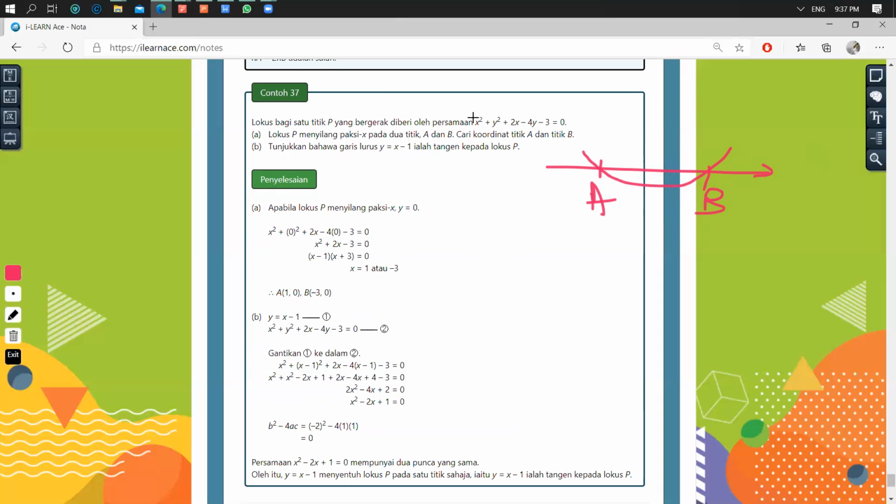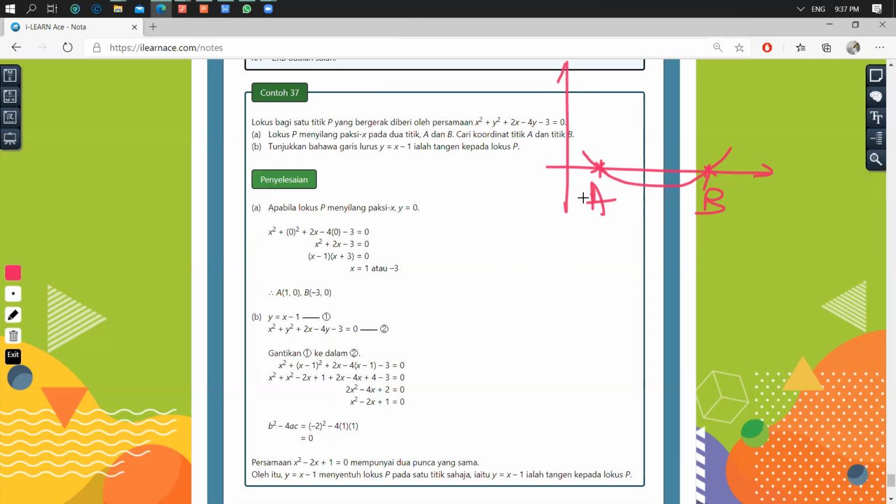So you need to know that whenever it passes through the x-axis, something is 0. What is 0 on this line? Y, right?